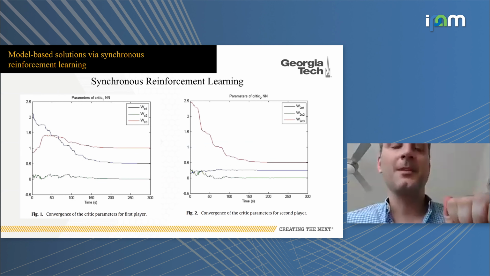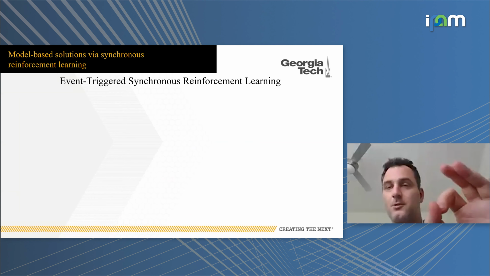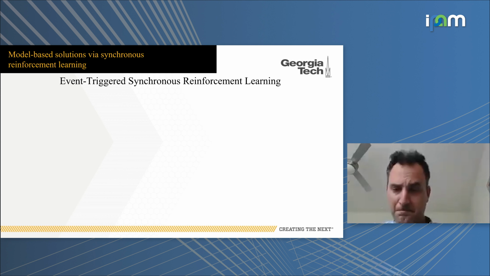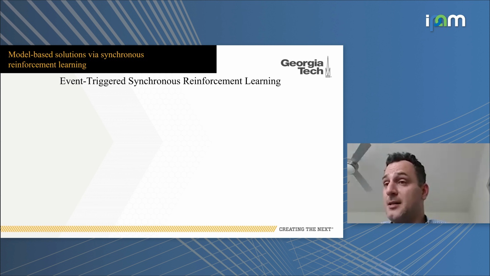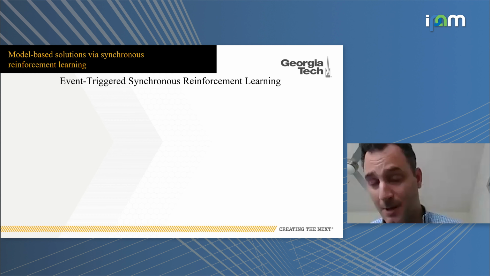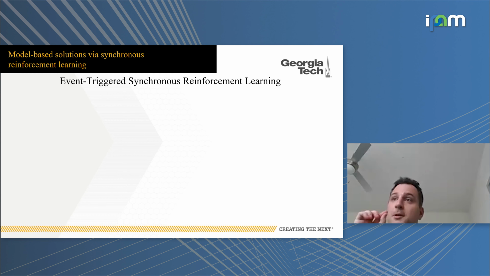Let's see now what you can do to solve Hamilton-Jacobi-Bellman equations that evolve in continuous time, but where my controller is not updating continuously and updates only when it's needed. So we developed what is called event-triggered synchronous reinforcement learning, which solves Hamilton-Jacobi-Bellman equations where the u updates only when it's needed.